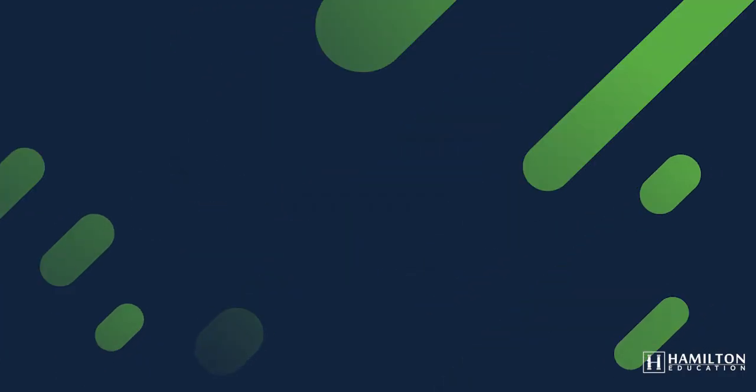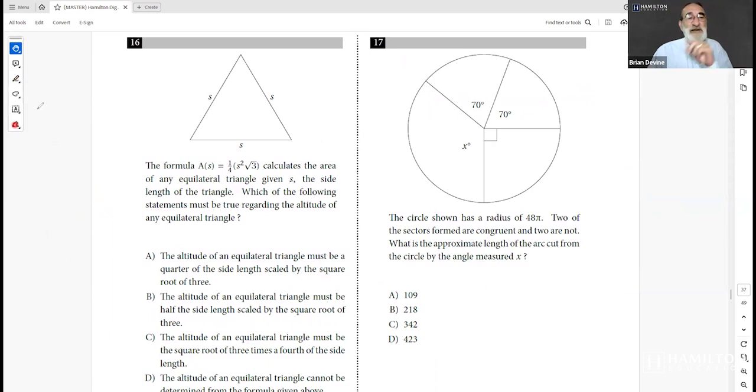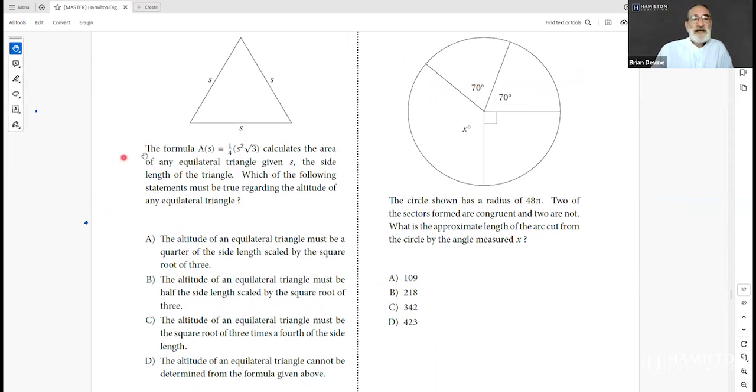Question 16. In question 16, the formula A equals 1/4 s squared root 3 calculates the area of any equilateral triangle with side s. Which of the following statements must be true regarding the altitude of any equilateral triangle?